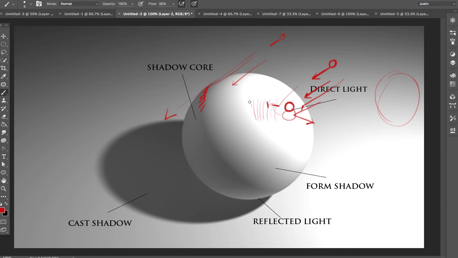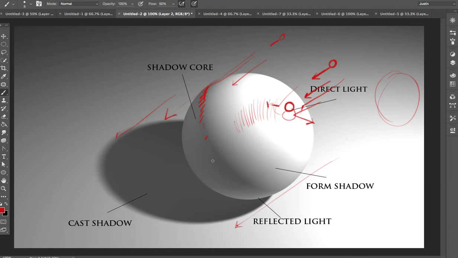And as you go further out, those highlights are going to get darker and darker because light is heading less directly back towards your eye. And once you get to this stage here, that shadow core, that's where light is no longer hitting the object and it's going past it. Okay? So light may hit here, it may hit over here, but it's not hitting in this space.